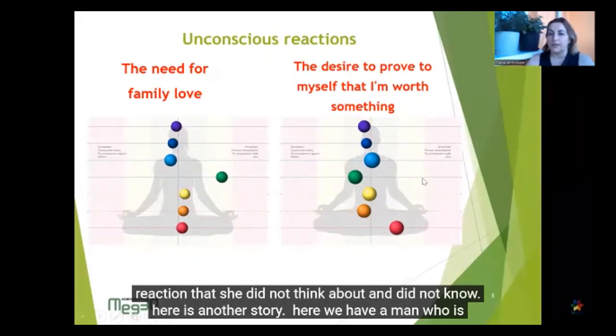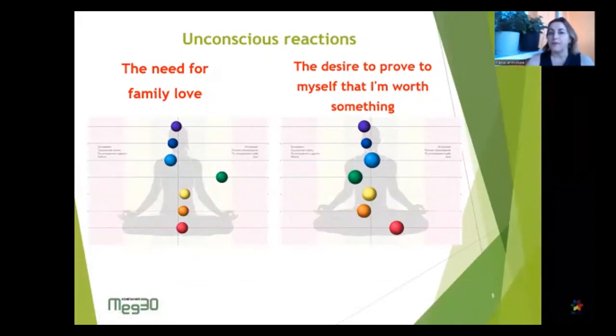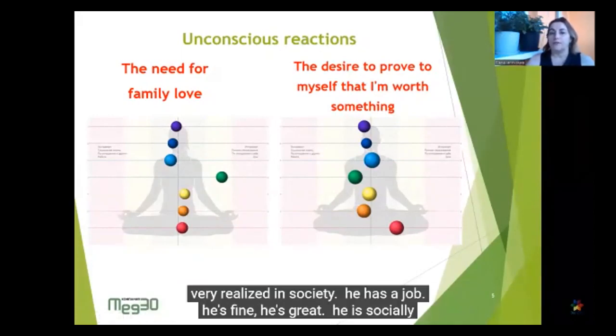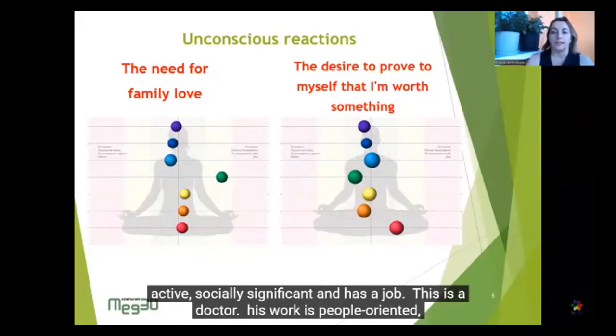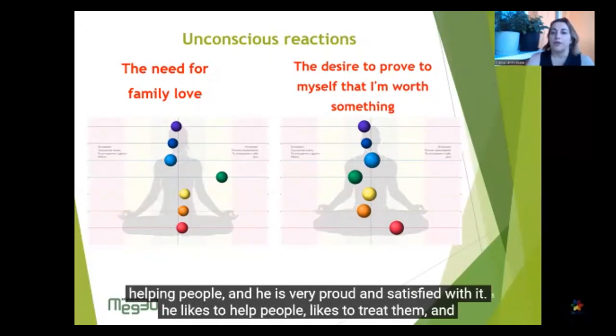Here we have a man on the right side, who is very well self-realized in society, has a good job, he's fine, he's rich, he is a socially respected, active person, and he's a doctor, and his work is people oriented. So he's helping people, and he's very proud and satisfied that he can heal people, treat them.